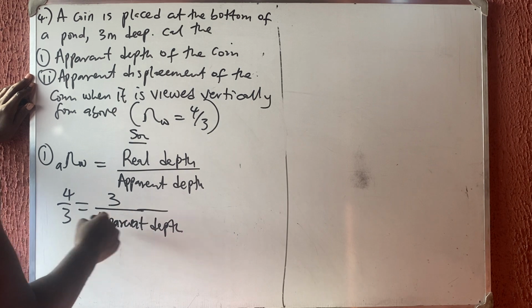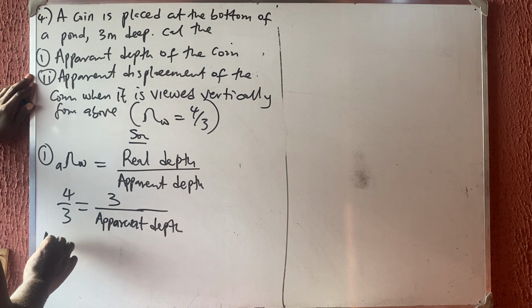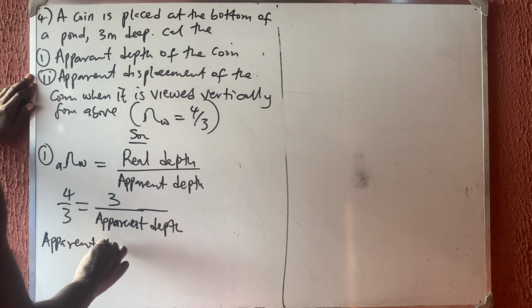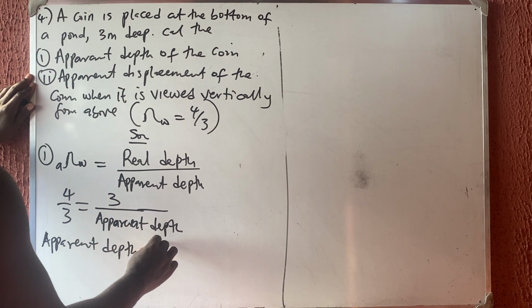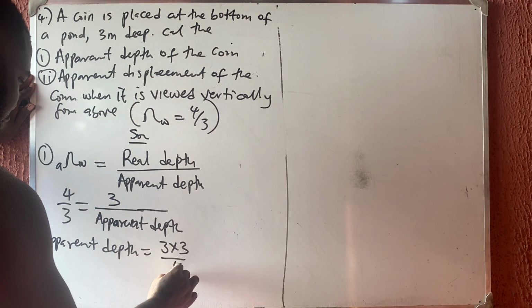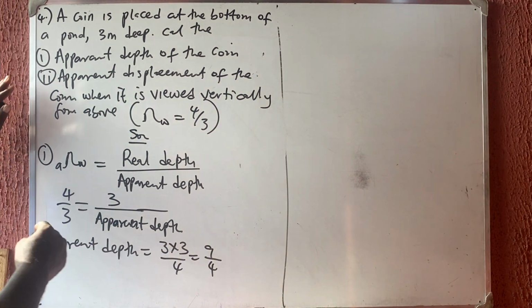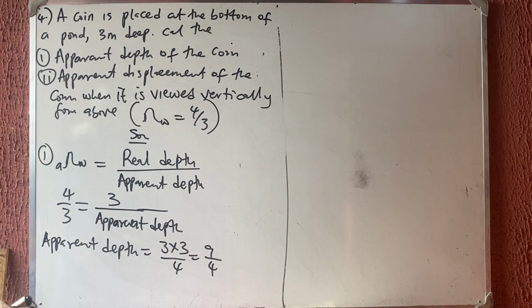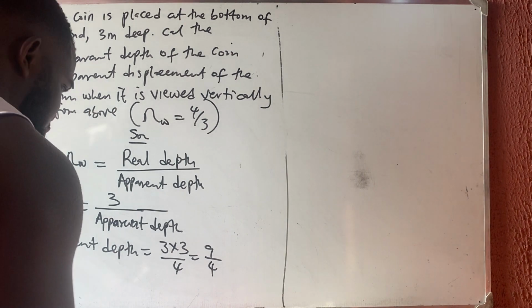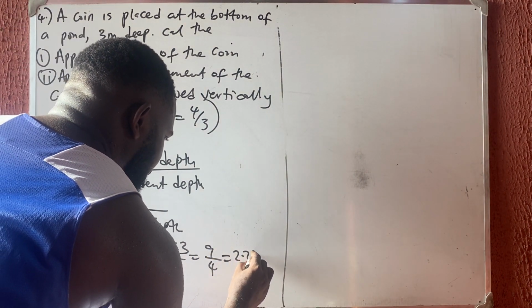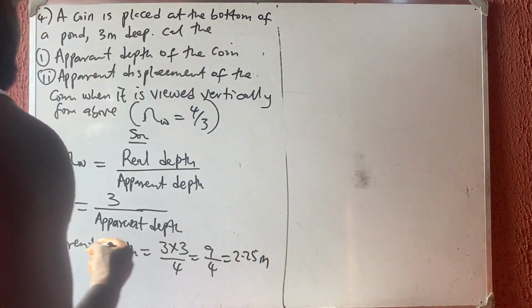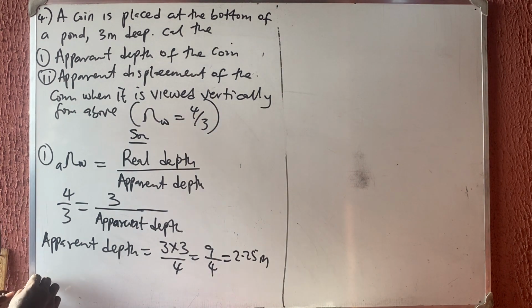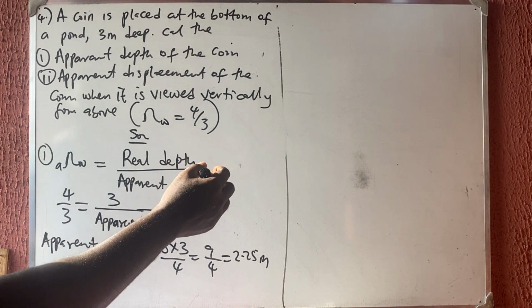If I cross multiply, I'm going to have that apparent depth is equal to 3 times 3/4, which is 9/4. So 9 divided by 4 will give us 2.25 meters. Now another thing they say we should calculate is the displacement. Whenever you hear displacement, it means the real minus the apparent.